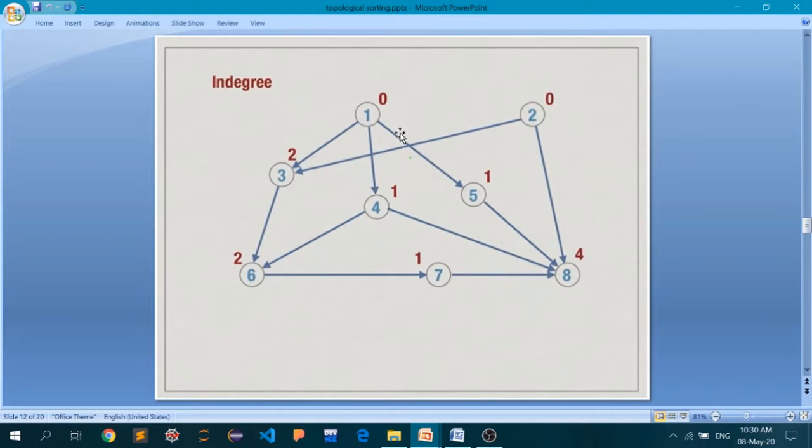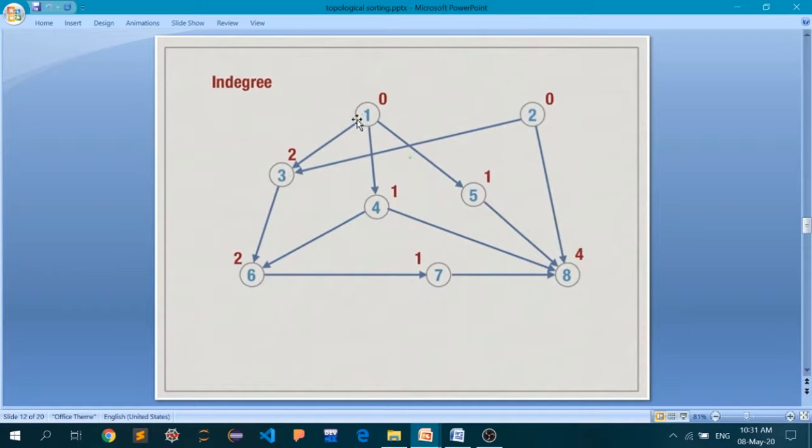So let's suppose the value of i is 1 in this particular place. Initially I will set the in-degree equal to 0, and then I will see in the adjacency matrix how many of the combinations, that is from a particular j towards i, have value 1.